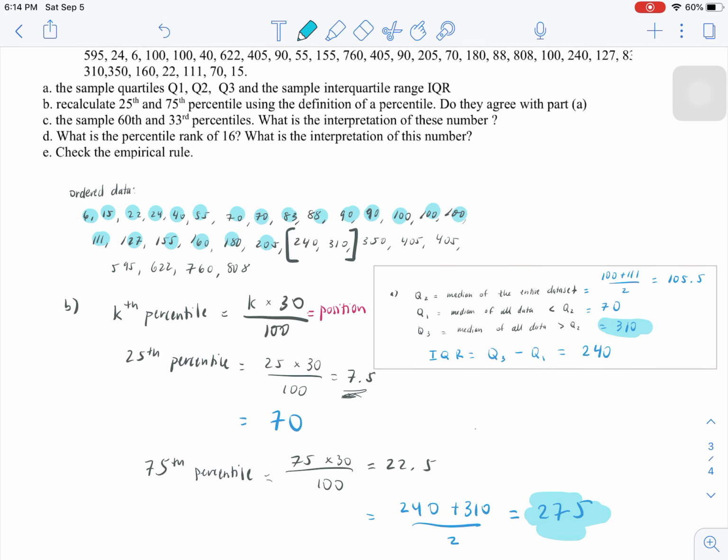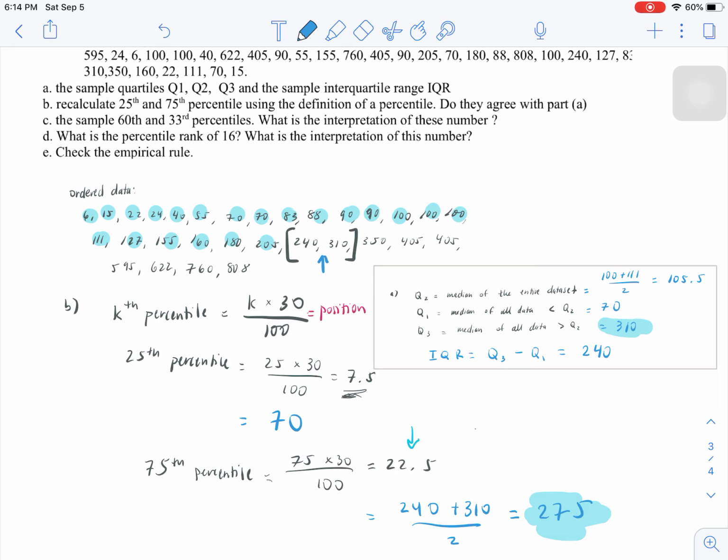So we found, using our definition of the percentile, that the 75th percentile was the data point halfway between the 22nd and the 23rd, which was the data point in between 240 and 310. So using this definition, that was 275.